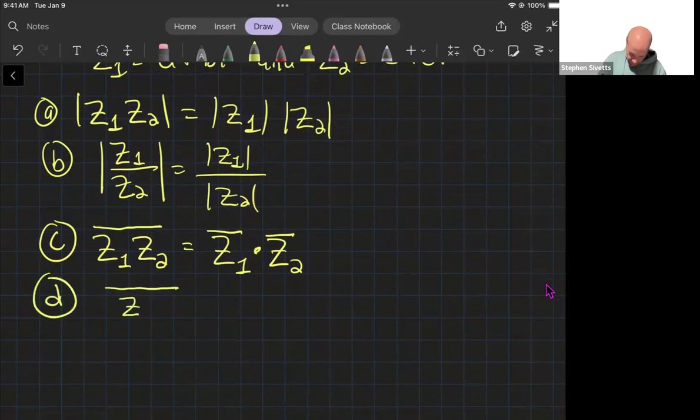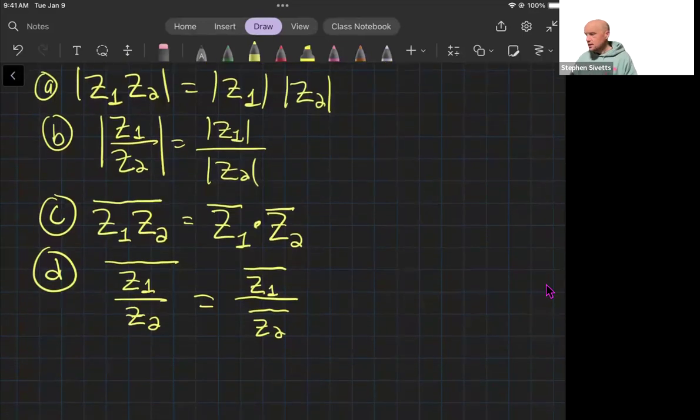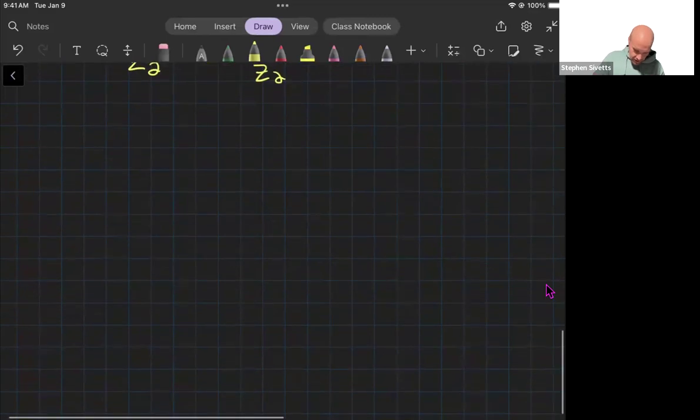If I take the division of z1 over z2 and take its complex conjugate, it's equivalent to taking the complex conjugates of z1 and z2 and dividing them. Those are pretty useful properties for complex numbers.